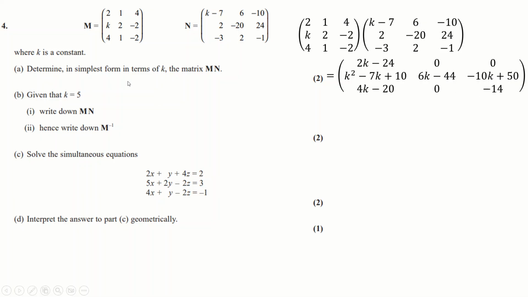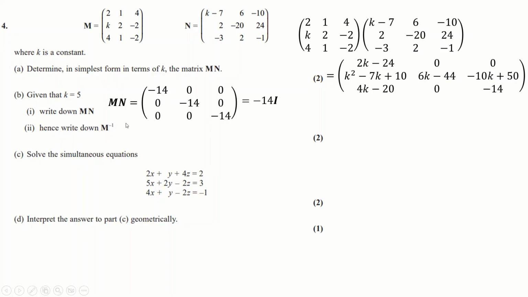Given that k is 5, write down mn, so we just substitute 5 into there. That's not tricky at all. Something interesting happens, obviously, which I think is what they want you to use. This is the same as minus 14 times the identity, because if you just put a minus 14 there, that would just be 1, 1, 1, everything else would still be 0. So it's just minus 14 times the identity, and that's how they want you to do m inverse.